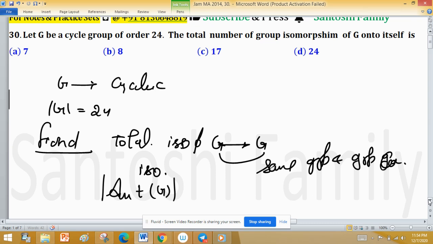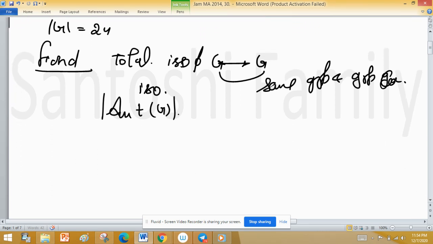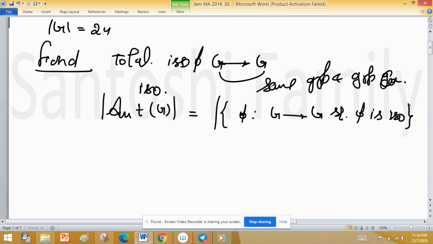It means how many automorphisms can exist. This Aut(G) is the set of all those isomorphisms from G to G such that phi is an isomorphism, and we have to find its cardinality.